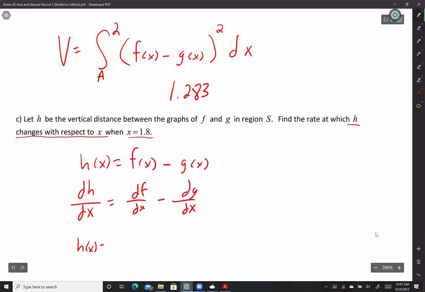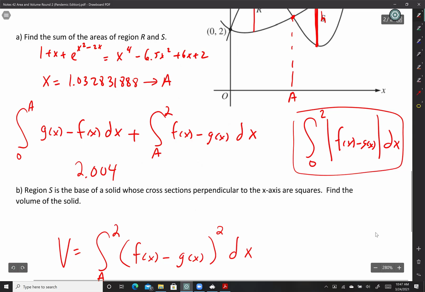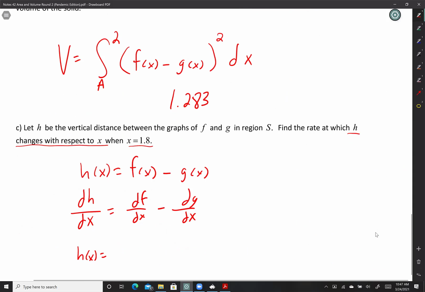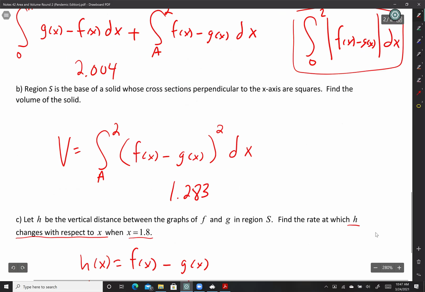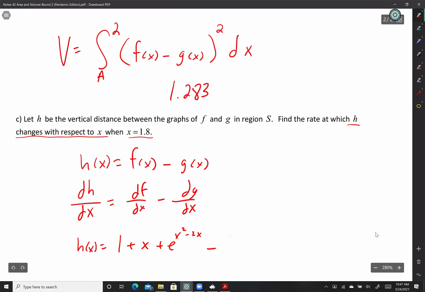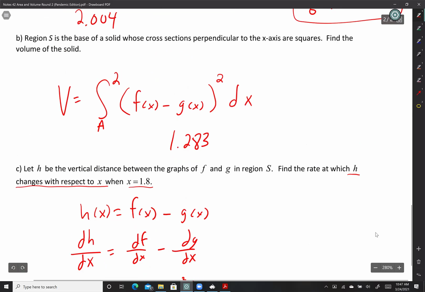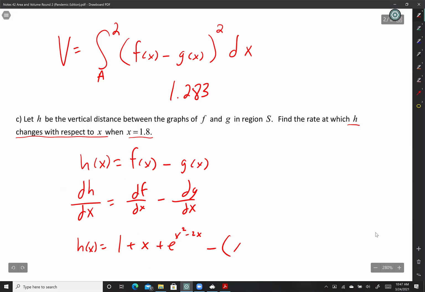h of x equals, what was f of x? 1 plus x plus e to the x squared minus 2x, minus, parenthesis, that's a long polynomial, x to the fourth, plus 2.